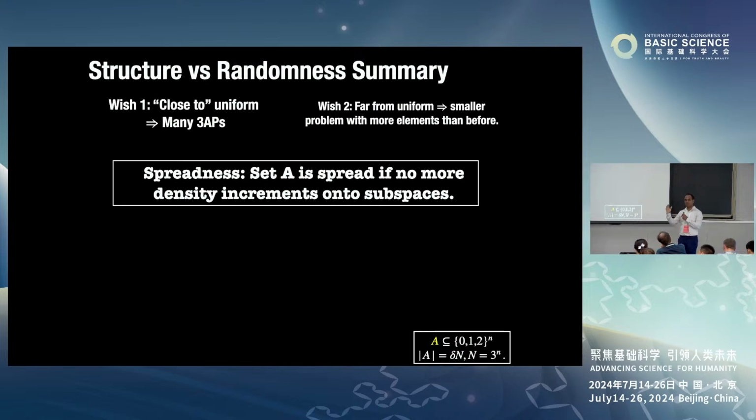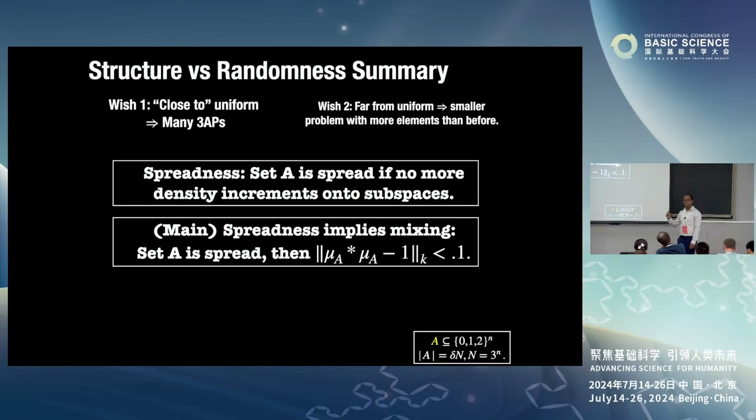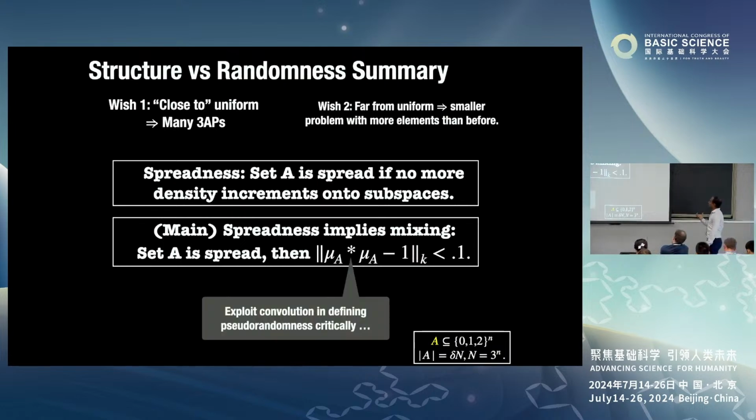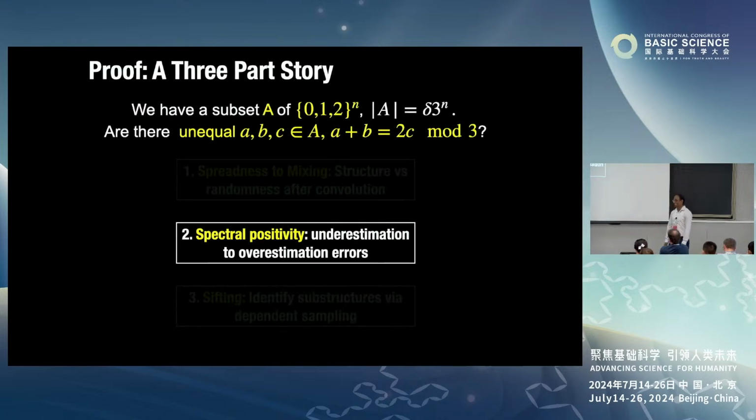You have a bound on the density, but only on one side. Convolutions, the randomness is critical. You go from this one-sided multiplicative approximation to this two-sided very strong approximation. Yeah. Yes.